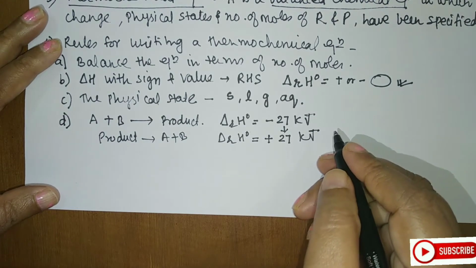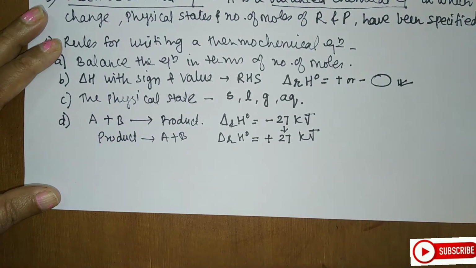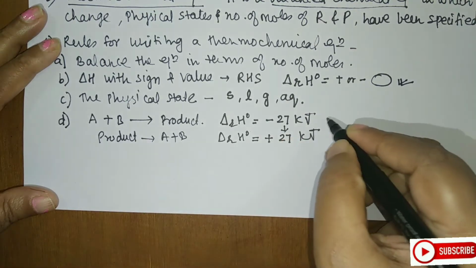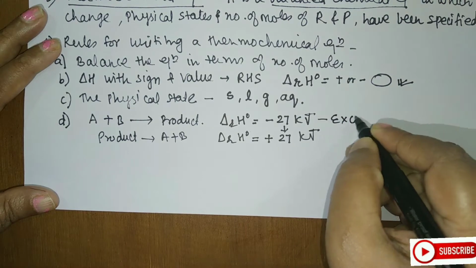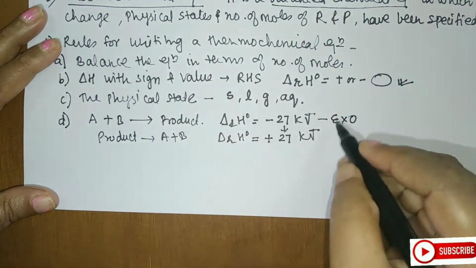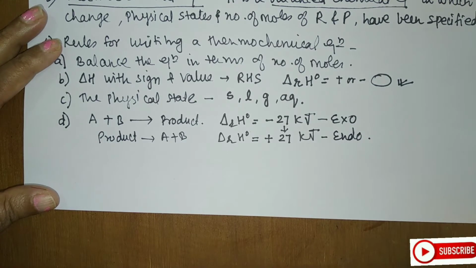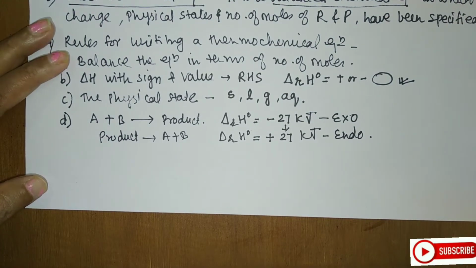So if the reverse reaction is considered, the magnitude will remain the same, but with the opposite sign to what is there for the forward reaction. So if this is an exothermic reaction, then the reverse reaction must be endothermic in nature. So that is the fourth rule of thermochemical equations.